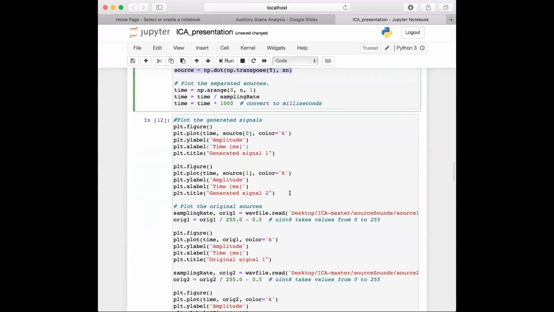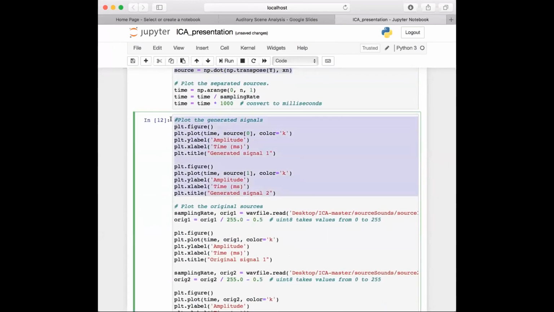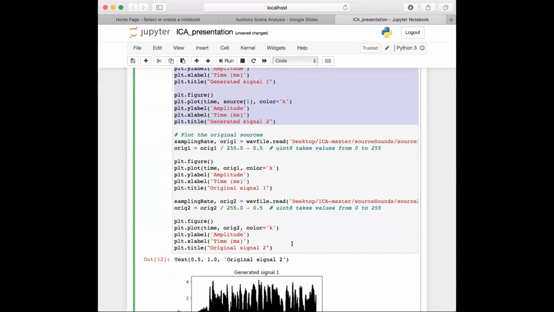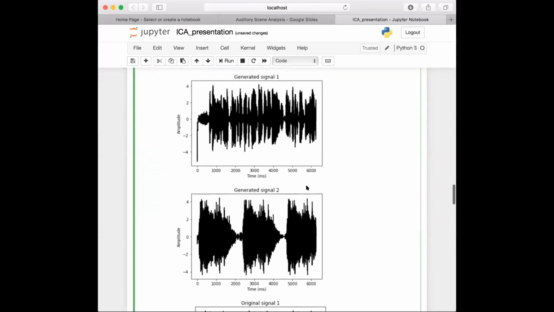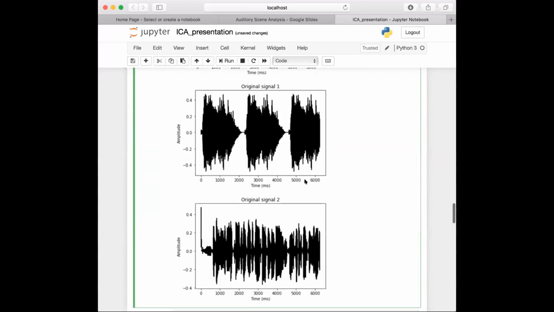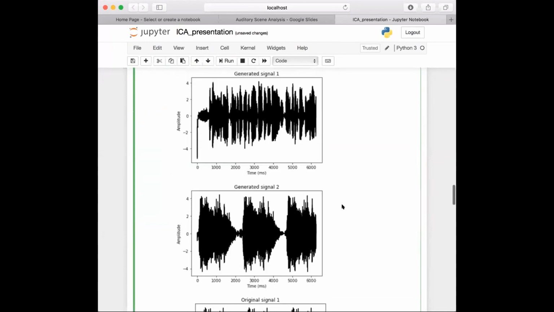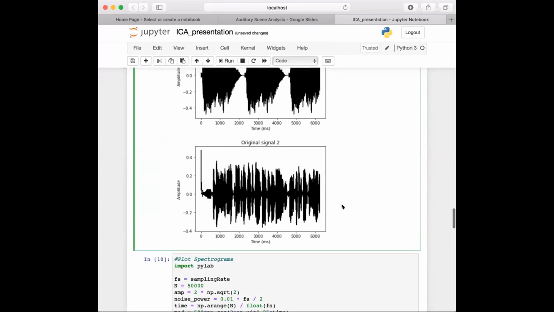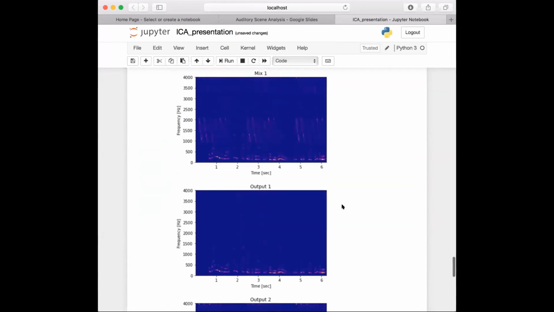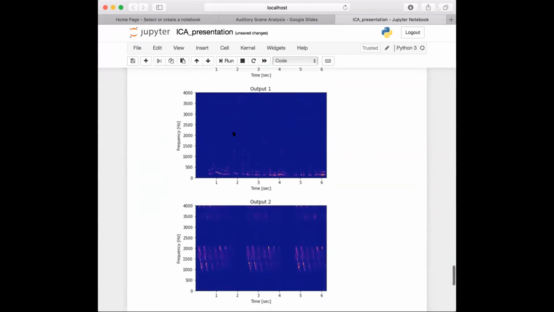Then we graph the generated signals as opposed to the original signals, and we look at how it's able to separate them. So these are the generated signals in the form of a waveform. These are the original signals, and you can see that they look quite similar to one another, but we can go a bit farther and look at them as spectrograms. This would be the spectrogram of a mix, and these would be the outputs.